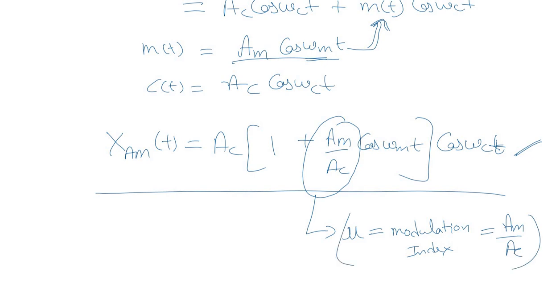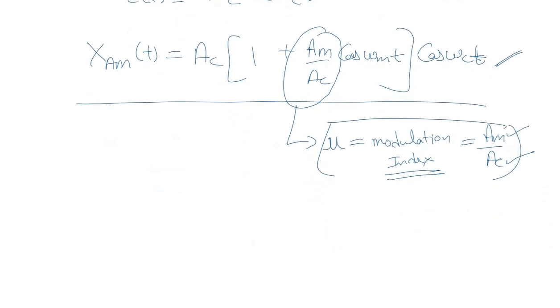Right? Modulation index is the ratio of amplitude of the message signal to the amplitude of the carrier signal. And the significance of modulation index is that it gives you the measure of the modulation or the extent of modulation taking place.